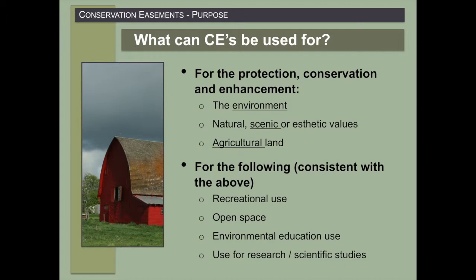So we now have the same as Ontario has done, by including farmland or agricultural land in that definition. And then if it's set up for those first 3 reasons, then it can also be for the next one. So they can be for recreational use, open space, environmental education, or scientific research or scientific studies as well.